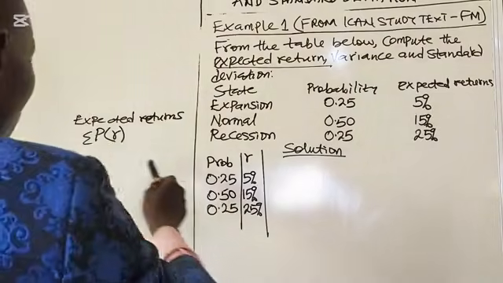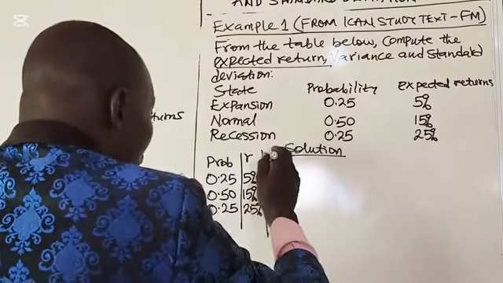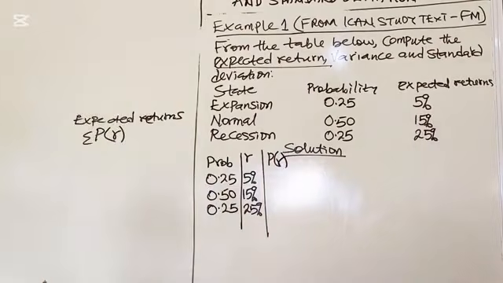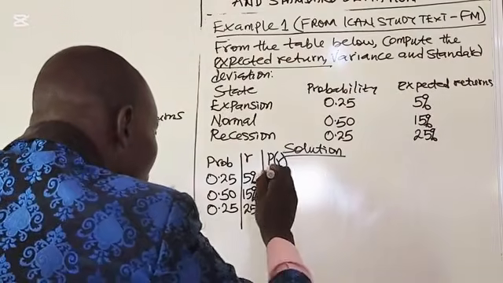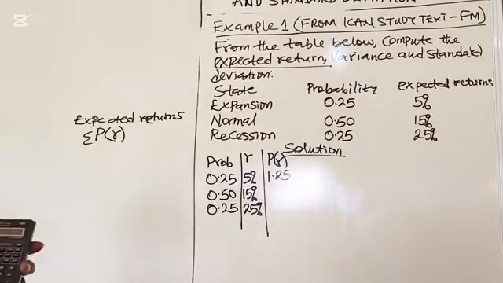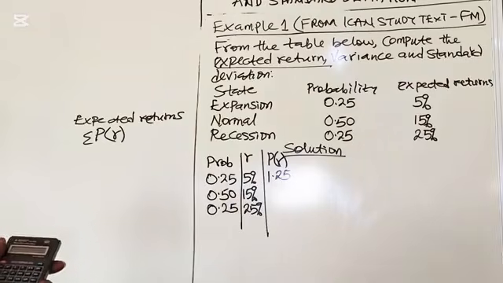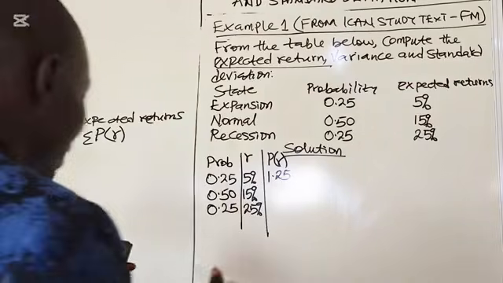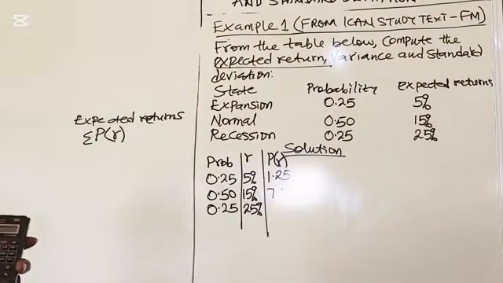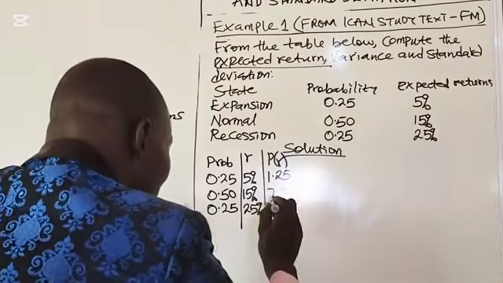Now let's create a column for probability times returns in order to get the expected returns. 0.25 times 5 gives us 1.25. Then 0.50 times 15 gives us 7.5%. Then 0.25 times 25 gives us 6.25.